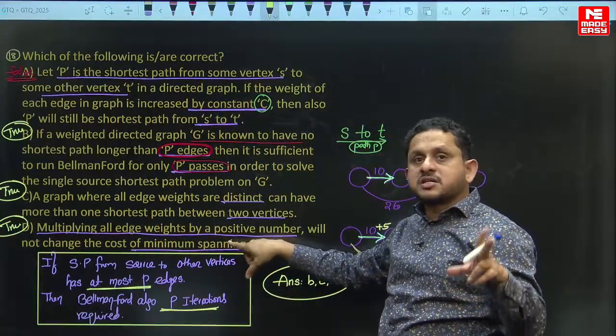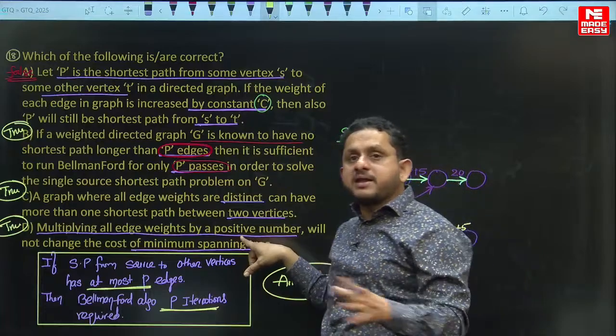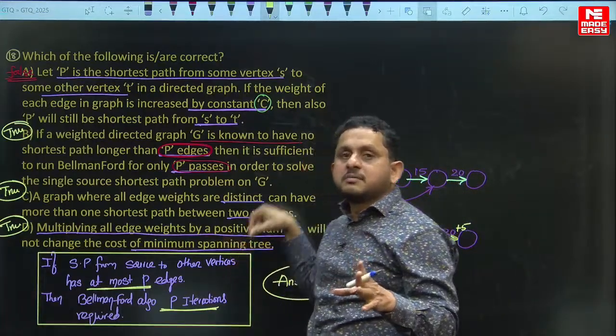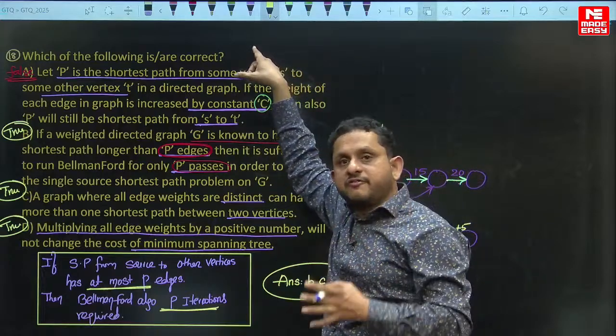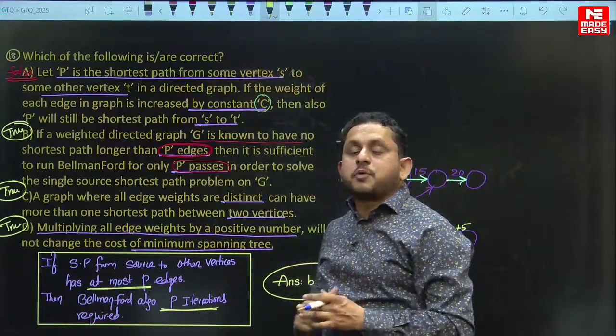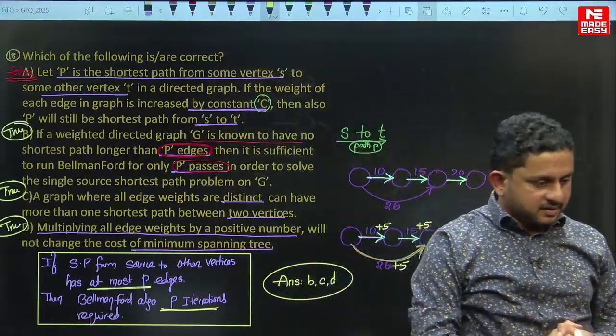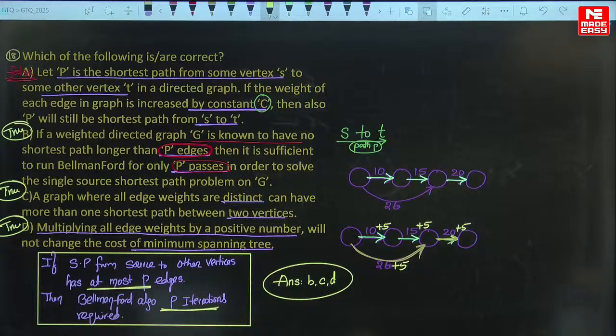Adding a constant or multiplying by a constant does not change the MST, but adding a constant to every edge or multiplying every edge by a constant, the shortest path may change. I think that is clear.